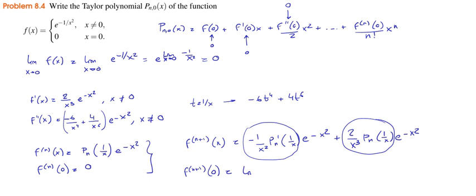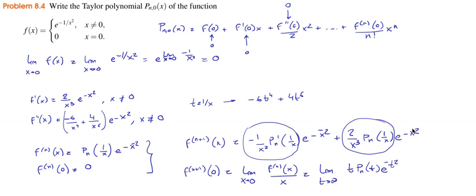So this is the limit when x goes to 0 of f^(n) at x divided by x, right? And again we can change the variable to t equals 1 over x. So this is the limit of t times Pn of t times e to the minus t squared.